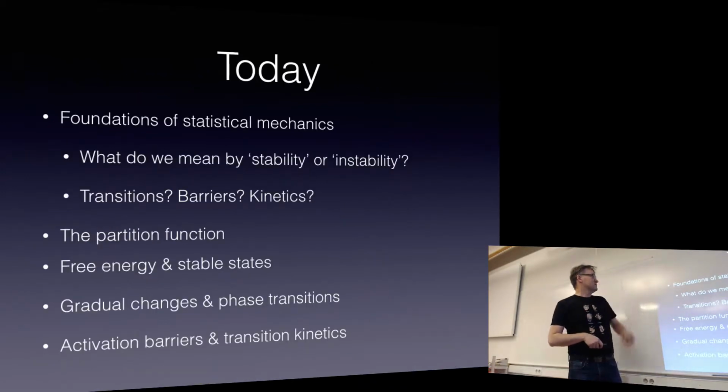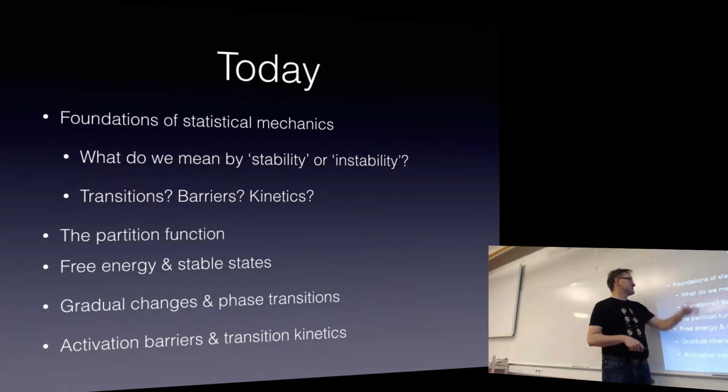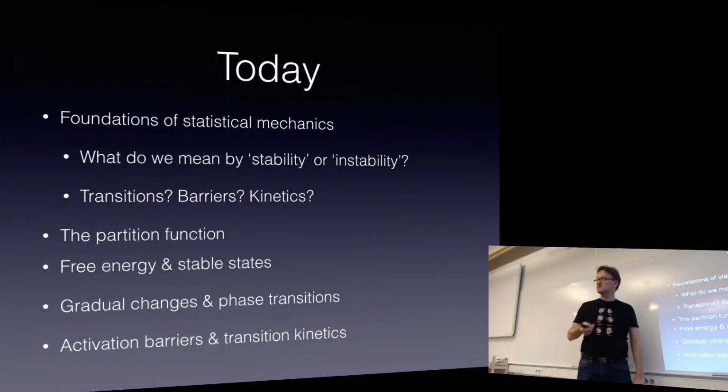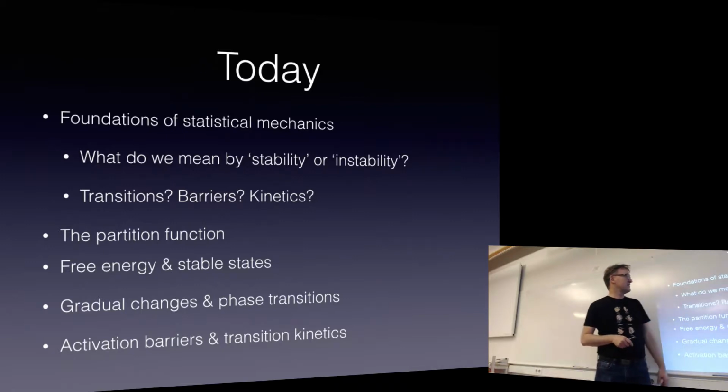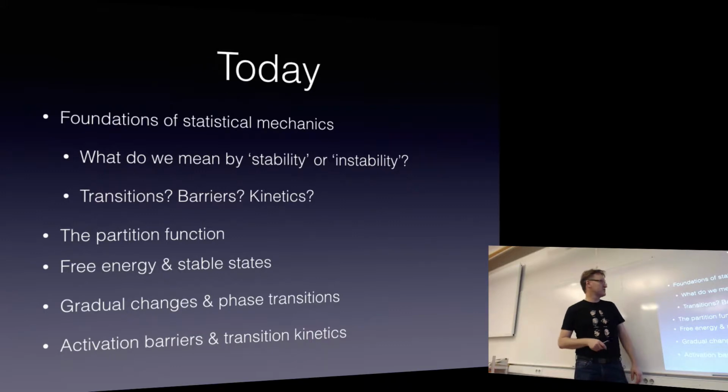So what I'm going to do today, we're going to go through the foundations of statistical mechanics. Not because I expect you to be able to prove and derive this yourself, but to give you a feeling for what we do. And I actually want you to see that this is not just based on things I'm saying. We can prove these things. And that will lead to some pretty deep conclusions about stability and instability, and hopefully a bit more insight about what the entropy is.